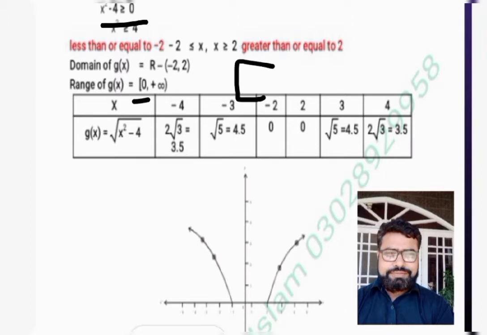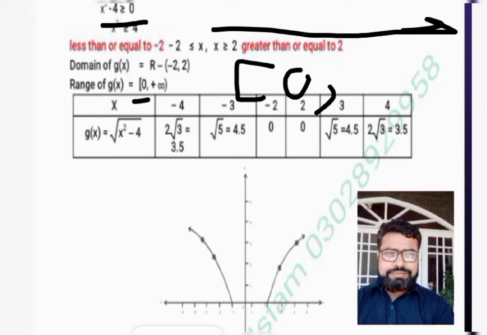This symbol means include, as 0 is included in the answer, and after that 1, 2, 3, there are so many values, up to so on.